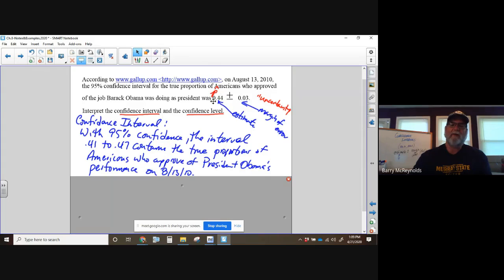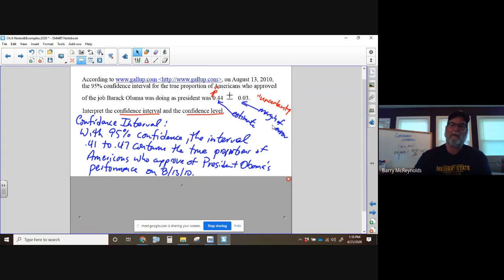And so of those they sampled, they got a proportion, p hat. P hat is the point estimator for the population parameter. And so for this particular sample, they got a value of 0.44, who said they approve of the job President Obama was doing on that date.